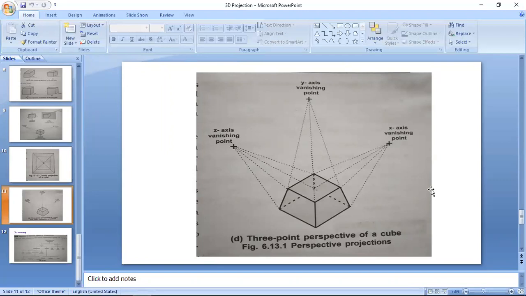Okay, and from any of the axis you will get a clear appearance of your object. So that is achieved by the 3 point perspective projections. So these are nothing but the simple types of projection that we have covered today.